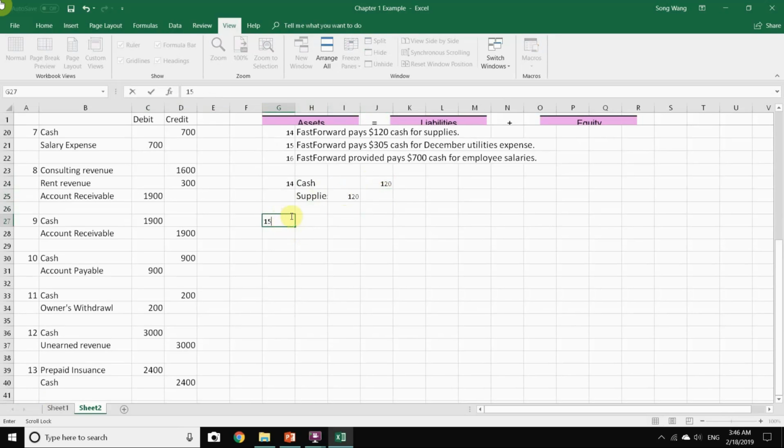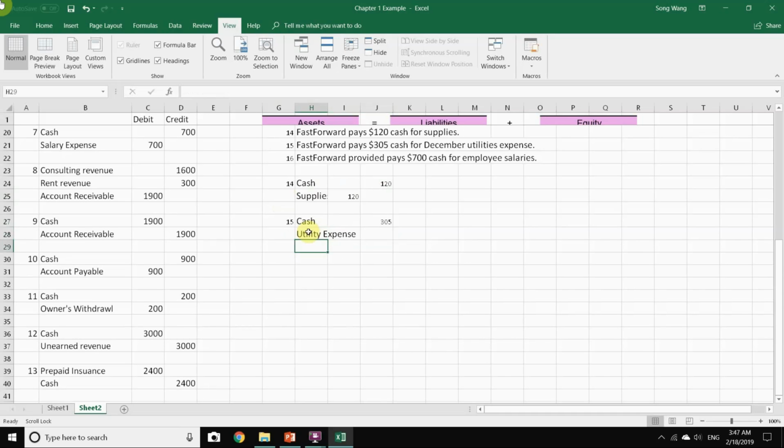And then number 15, you will see the cash is being paid for utility. So cash got reduced. That's 305 credit, and then utility expense, okay, is equal to the 305.